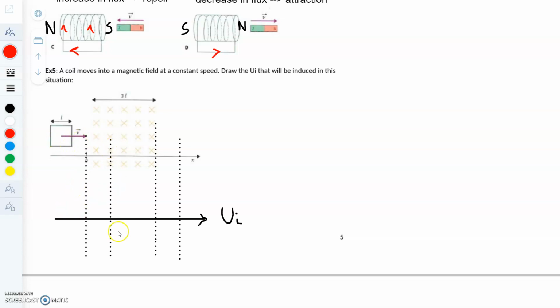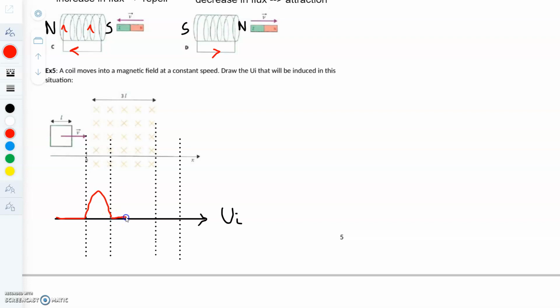As it moves in, however, you create an increase in magnetic flux. And if we assume this means a positive voltage, you will get a slight spike upwards, until this whole block, this whole surface, is inside of the magnetic field. Moving from here to here, there would be no change in it.